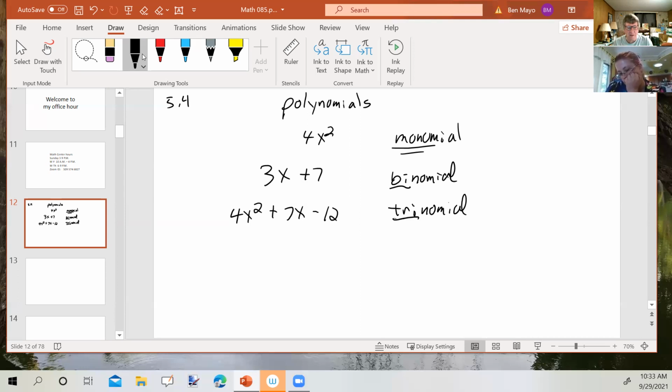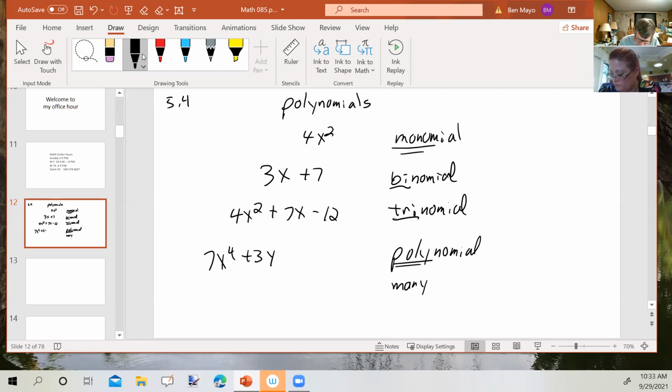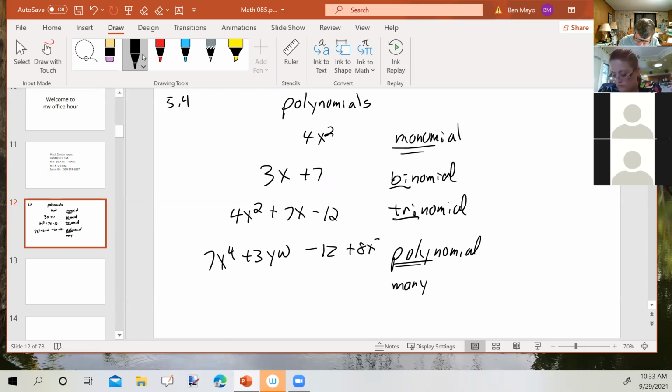Tricycle, 3 wheels. Trinomial, 3 terms. If it has more than 3 terms, we just call it a polynomial. Poly means many. So like 7x to the 4th plus 3yw minus 12 plus 8x cubed, whatever, that's a polynomial.